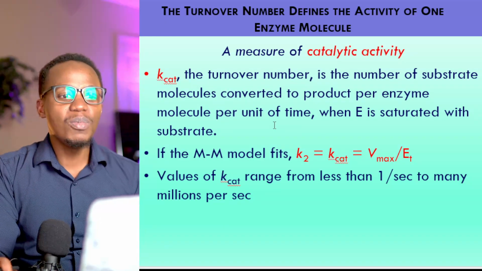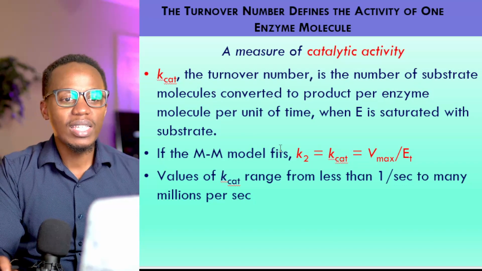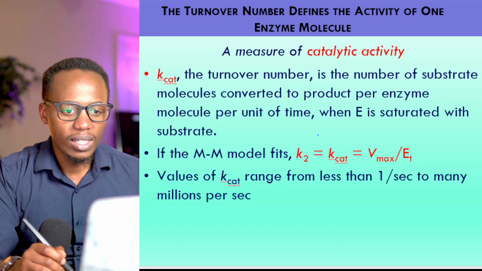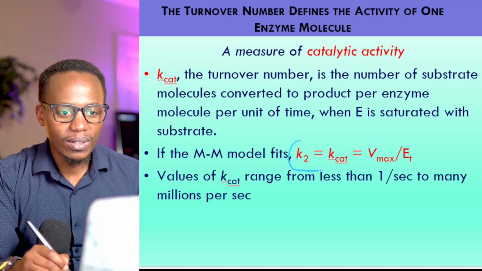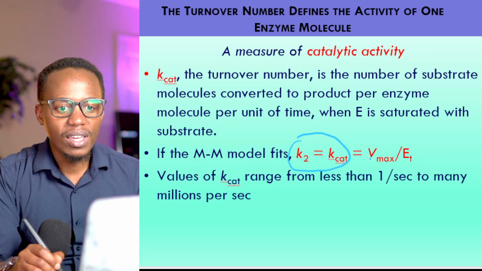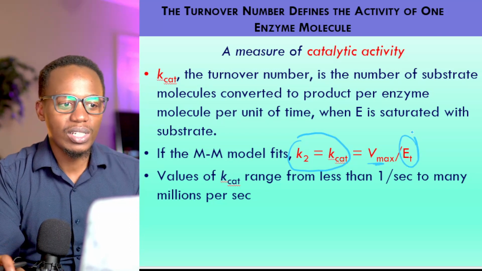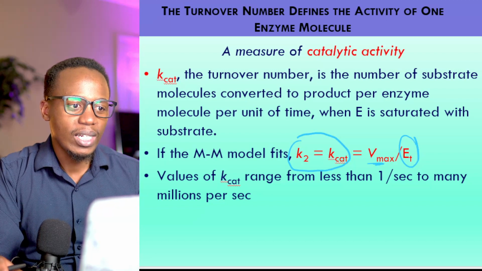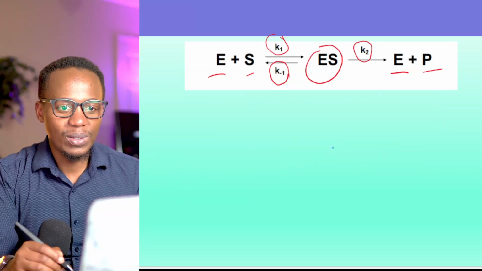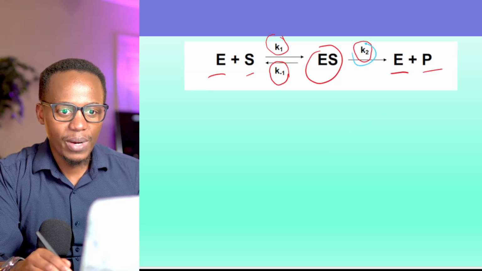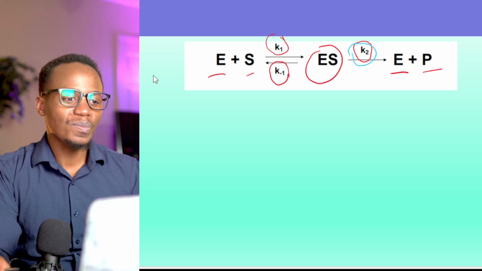And most of the time in the Michaelis-Menten model, Kcat is also equal to K2, or just Vmax over the enzyme total concentration. Remember, K2 is here, right? K2 is this second rate, right?